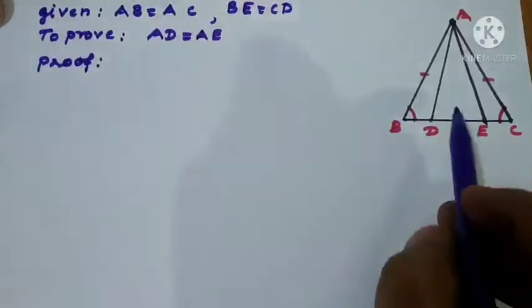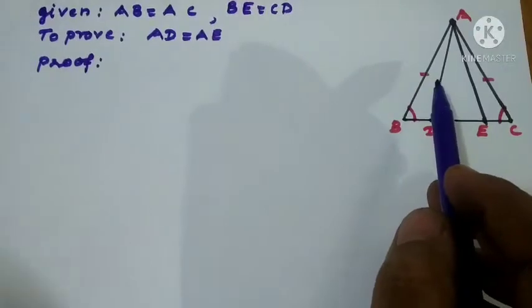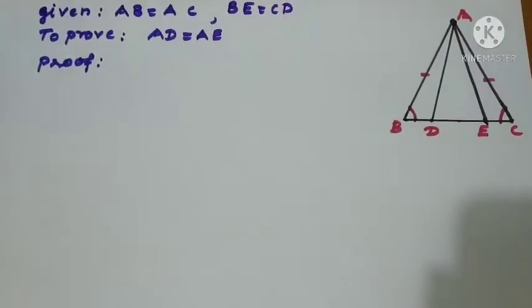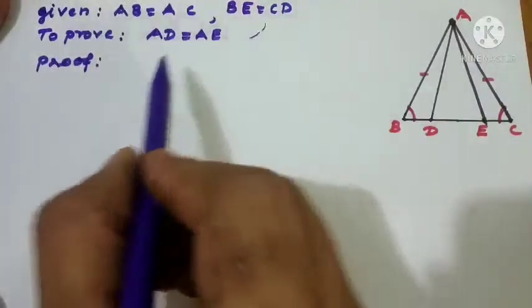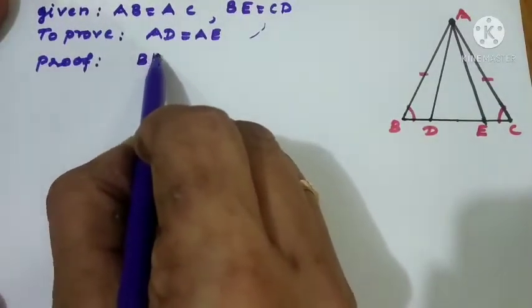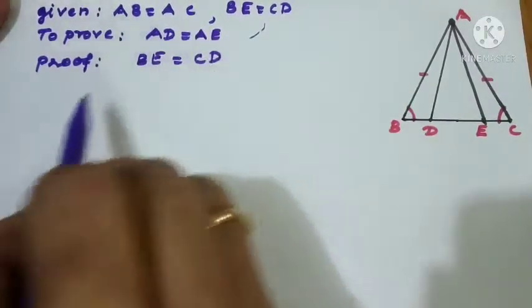We already said that we should get triangle ABD congruent to triangle AEC, right? So for that we must get BD and EC equal. For that, what is the one more criterion? It is given BE equal to CD only. So BE and CD, what can we write from the diagram?